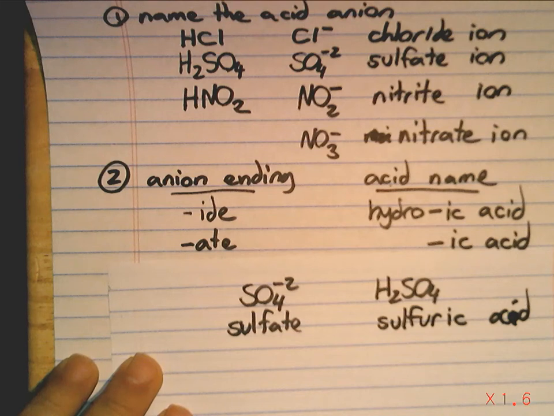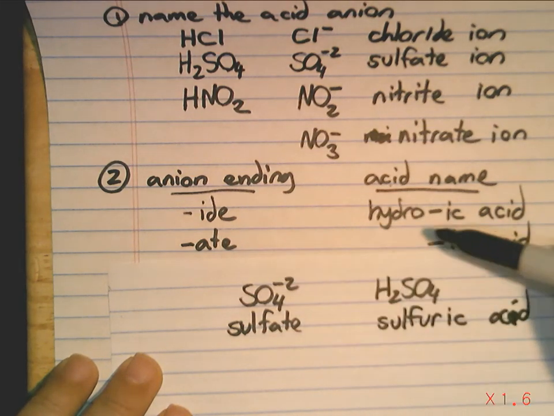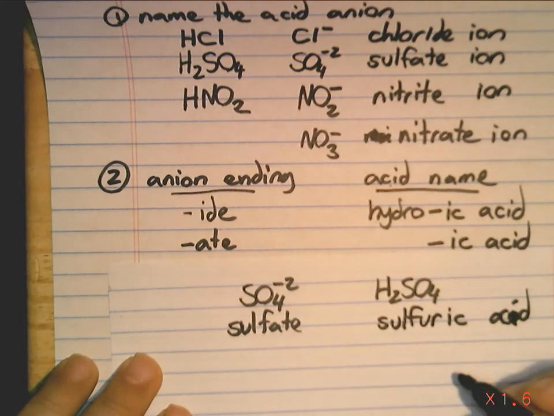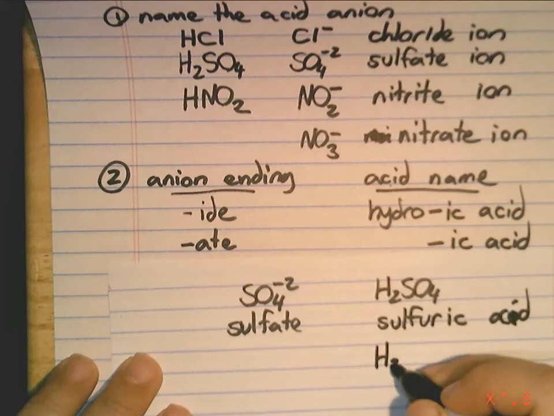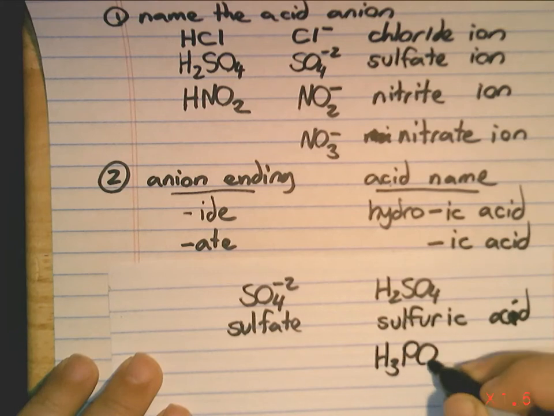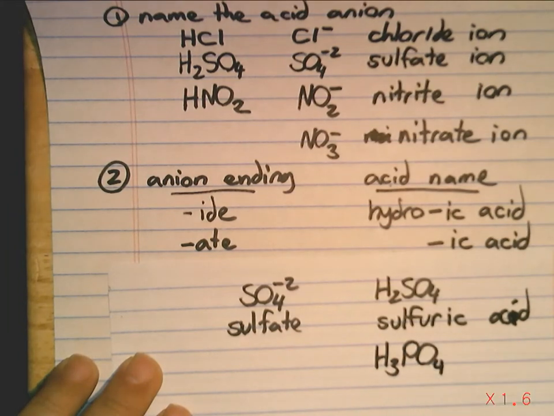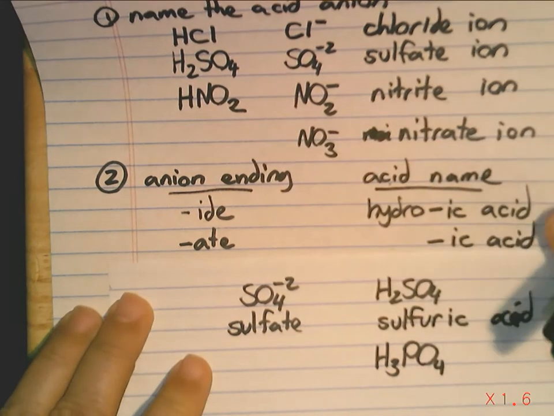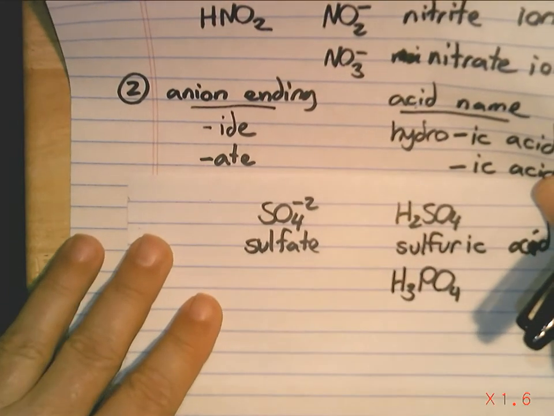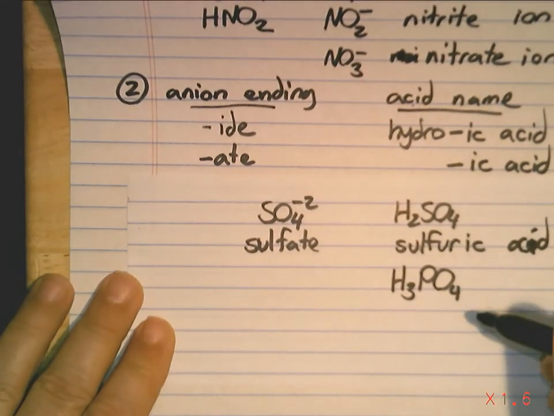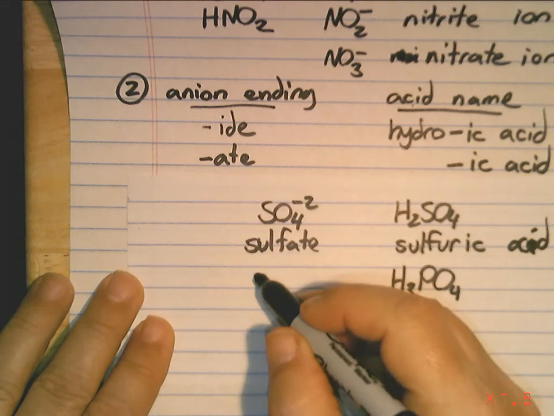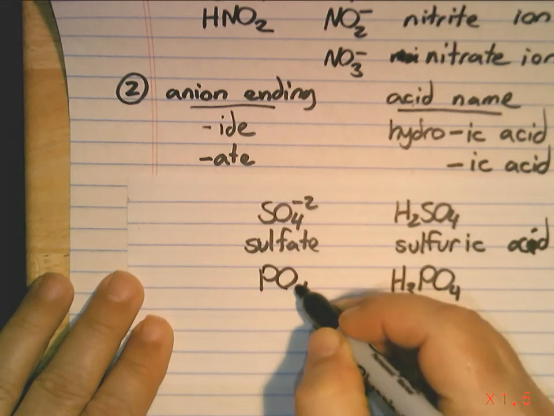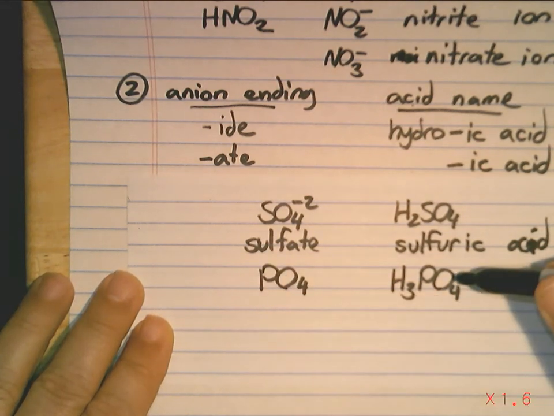So some of these are pretty irregular. You don't just chop off the ending and put ic acid. You make it sound good. All right, what if we have this acid? This is the acid that is in carbonated cola drinks. It's there as an acidulant. People like kind of a tart acid taste in a lot of their food. The ion inside there is, can you guess what the charge on this is going to be?